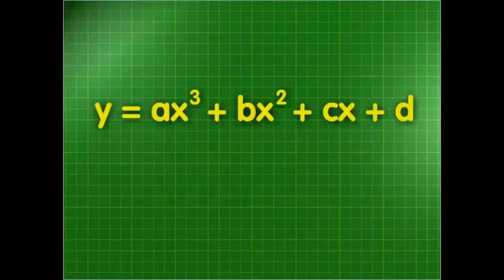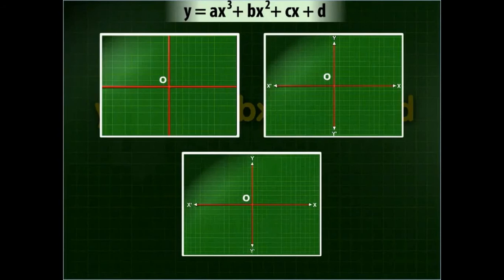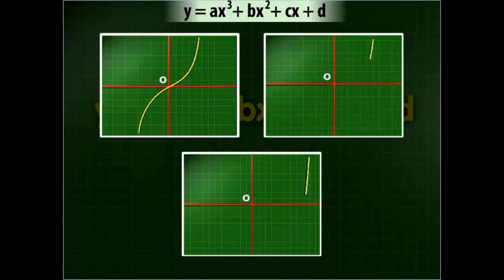If you plot the graph of the cubic polynomial function y equal to ax cube plus bx square plus cx plus d, where a is not equal to 0, then you obtain either of the graphs shown.